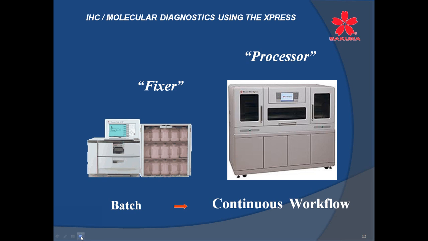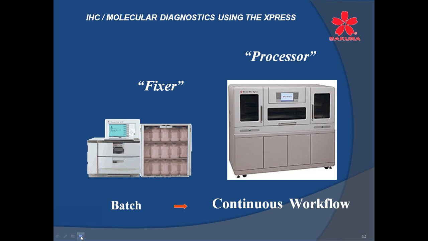It's batch. If you go to the Xpress, it's a continuous workflow processor. You can add specimens onto this literally every 15 minutes, if you like, if you're using the short cycle. It is what it says it is, a processor. It doesn't fix. It doesn't have any delays on it. It doesn't know your tissues need more fixation.